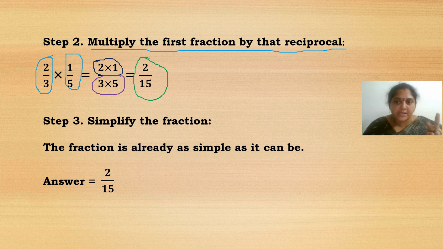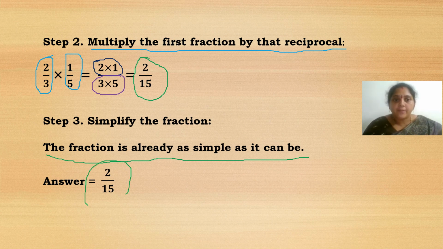These two numbers will not come in one table. 2 sevens are 14, 2 eights are 16; we will not get 15 in the 2 table, and we can't find 2 in the 15 table. So we can't cancel the fraction. The fraction is already as simple as it can be. So our final answer is 2 by 15.